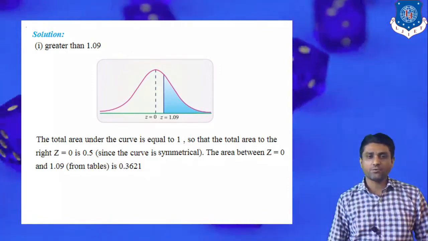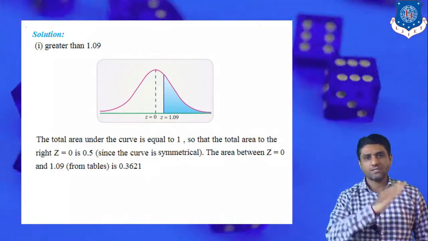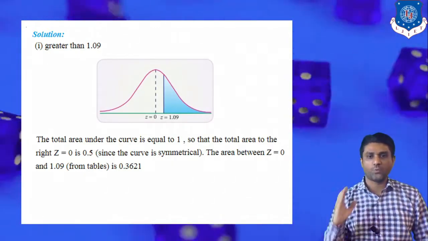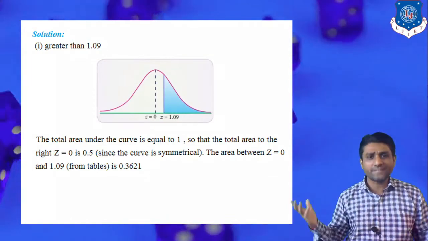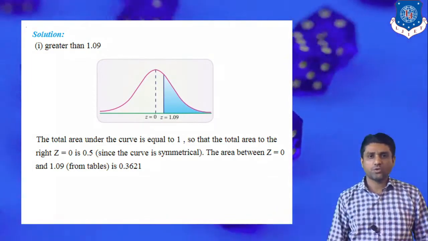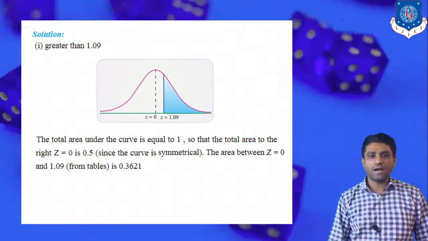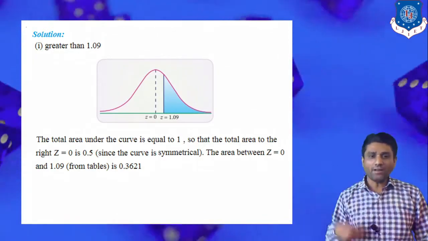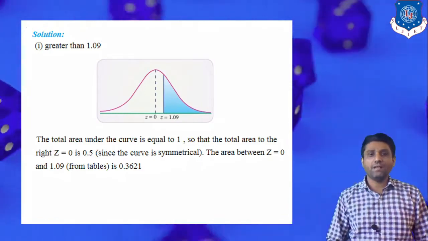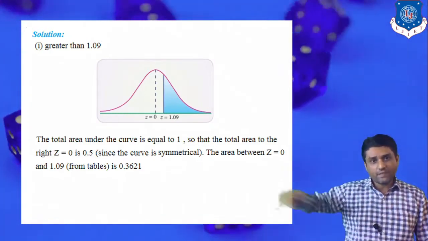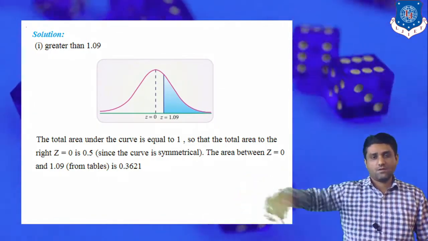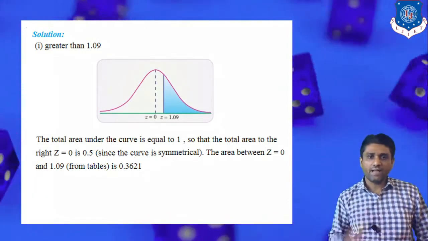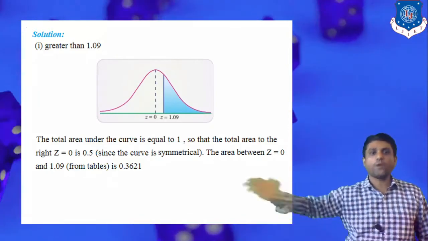So the probability of the left hand side portion as well as the right hand side portion is equal to 1 divided by 2, that is 0.5, because the curve is symmetric. Remember, our interest is to calculate the area when z is greater than 1.09, but we use a slightly different strategy. We know that the area of this right hand side portion is 0.5.